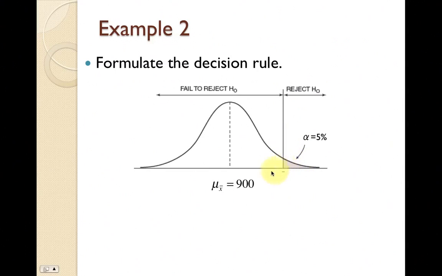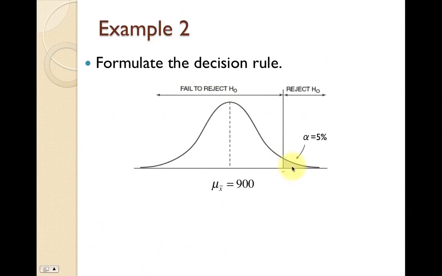Now, eventually, we're going to look at our sample data. If our sample data produces a p-value that's smaller in area than 5%, that's going to give us sufficient evidence to reject the null hypothesis. If our p-value is anything greater than 5%, that's going to fail to reject the null hypothesis.